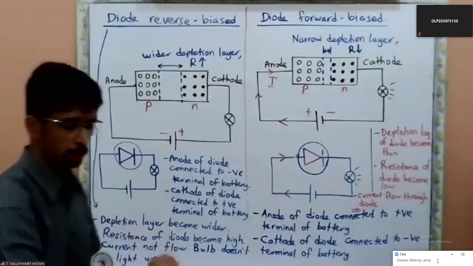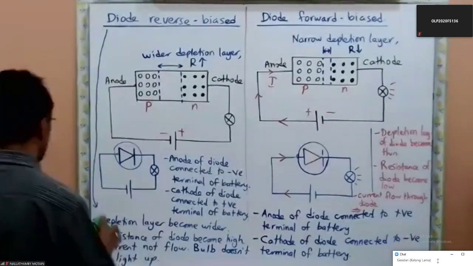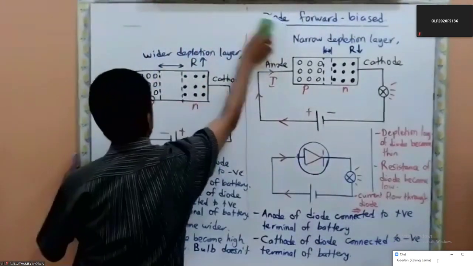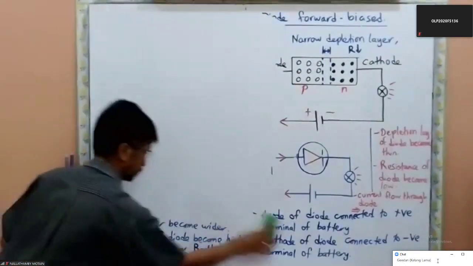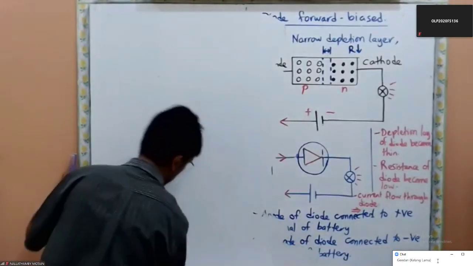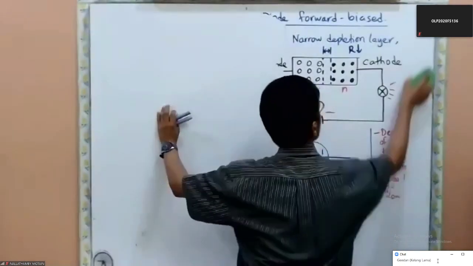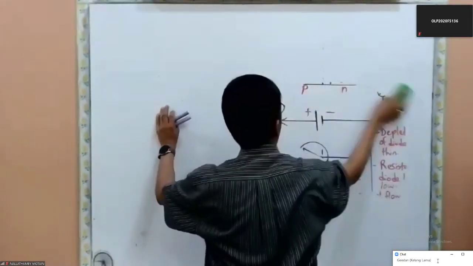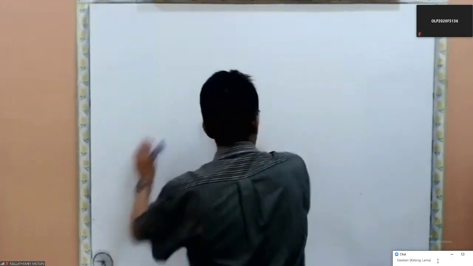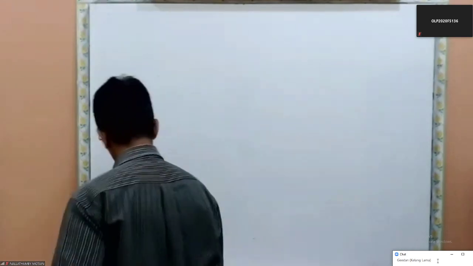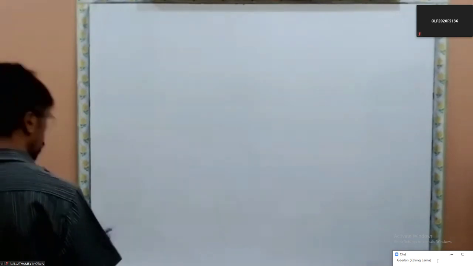Take note: the function of a diode is to allow current to flow in one direction only.